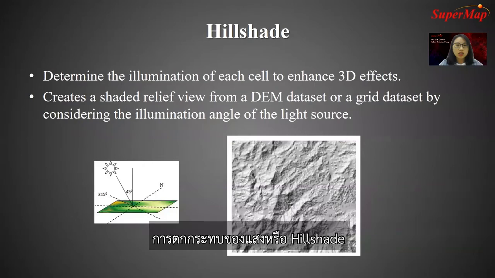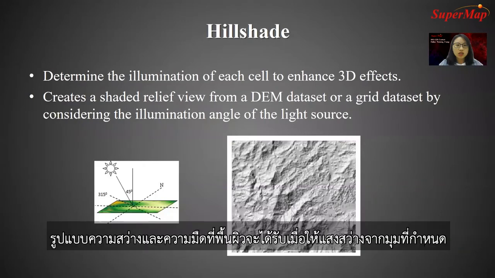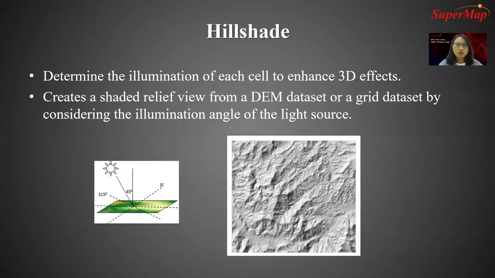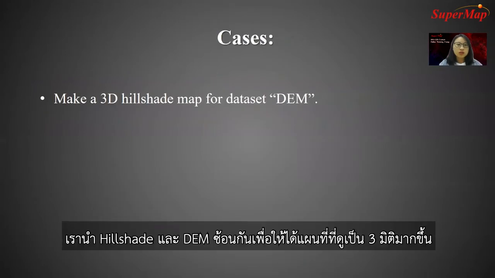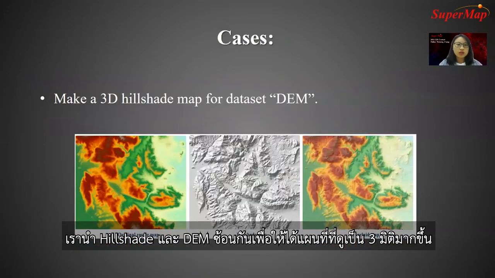And the hill shade determines the illumination of each cell to enhance 3D effects. With the hill shade, we can overlay the DEM data and the hill shade map to get an overlaid map which is similar to the other image. And also it has a 3D effect.